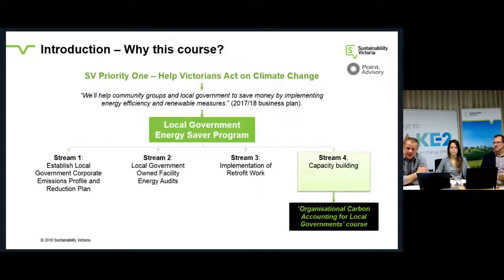What we want to see is that once a Victorian council knows where it stands with its carbon footprint and knows what it wants to do to reduce it, this carbon accounting course will assist those councils with their ongoing measurement and verification during that journey ahead.